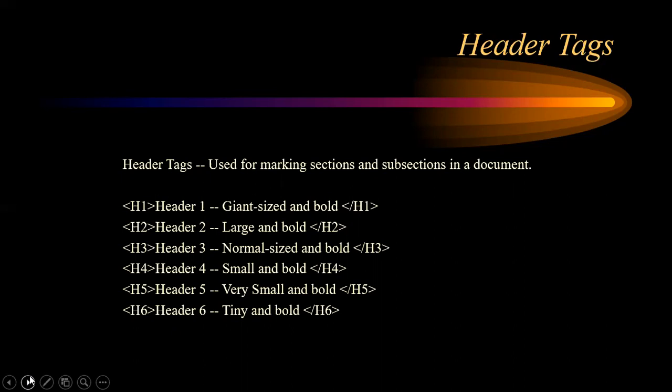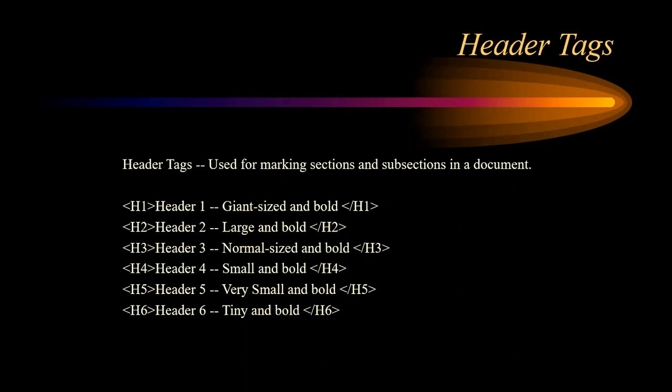For this purpose, we have 6 levels of headings that we can use in our web page, given with the numbers 1 to 6. Sorry, 1 is the largest header number, and 6 is the smallest.